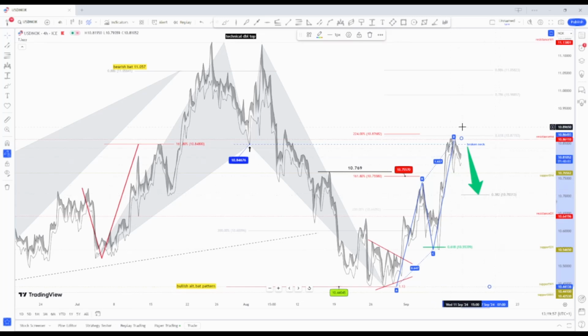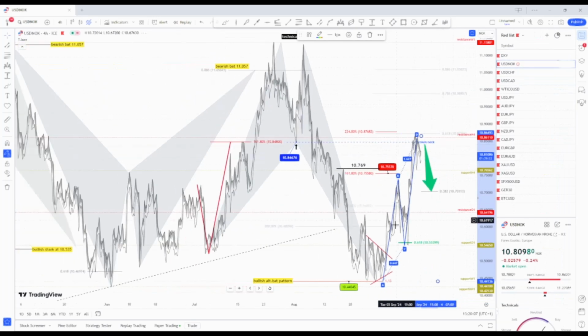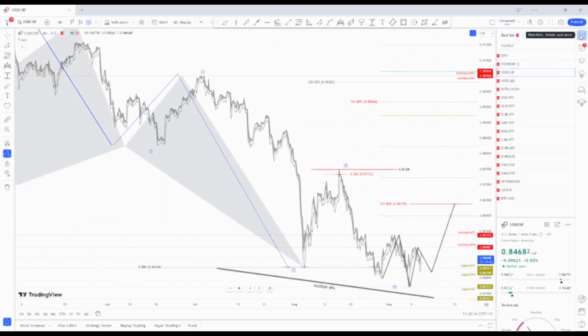If the price prints a new higher high, I need to adjust my retracement levels to those highs, but at some point I expect that pullback for the dollar versus the Norwegian krone, specifically now that it completed the bearish ABCD pattern, also suggesting the potential retracement.